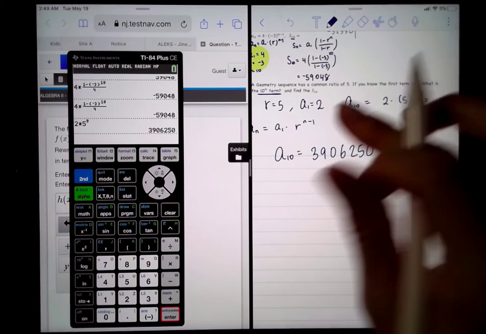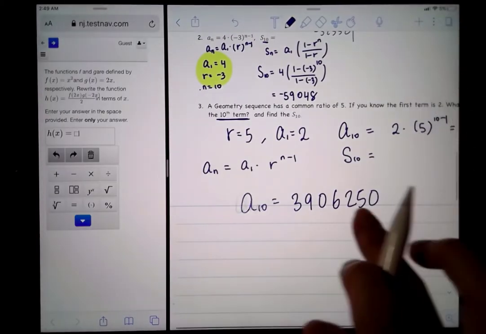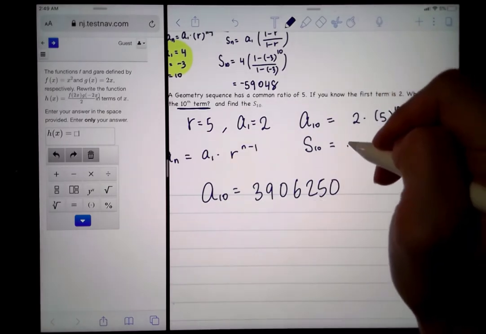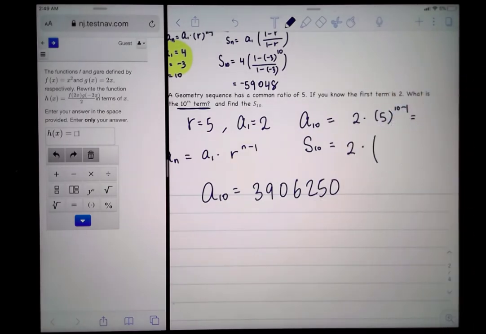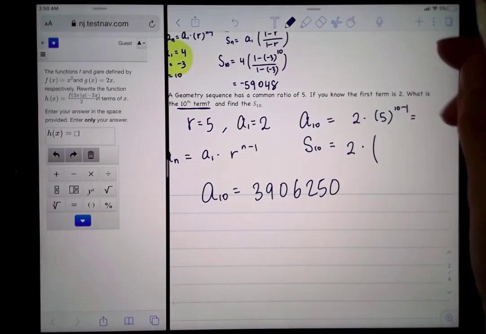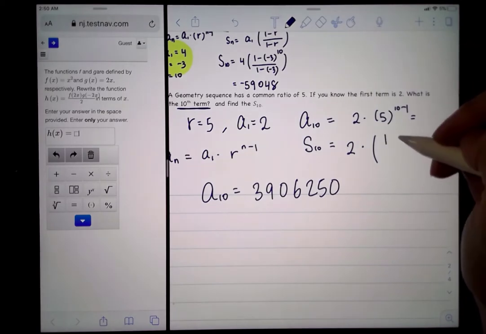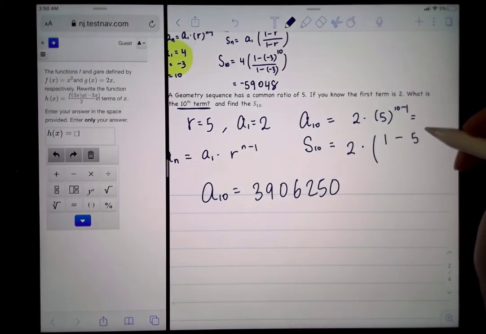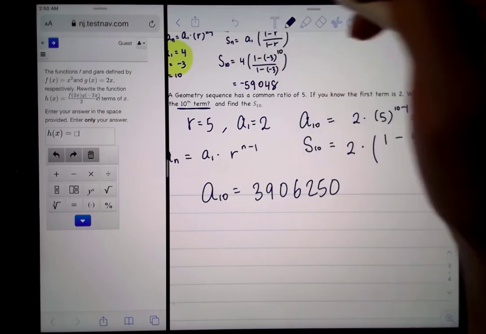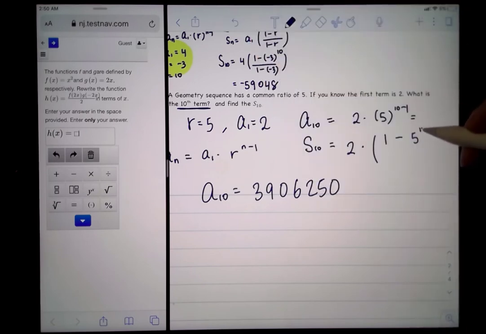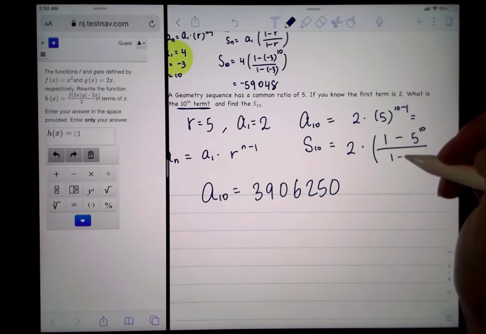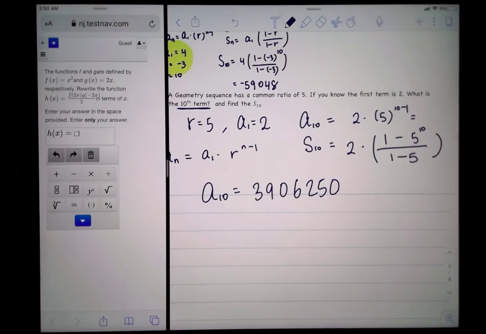So this is A10, and let's get S10. S10 is A1 times, probably some of you already memorized the formula, 1 minus 5 to the 10 over 1 minus 5, like this.